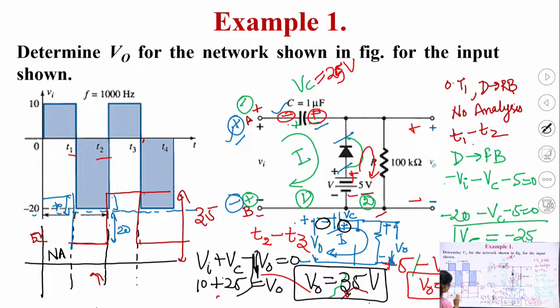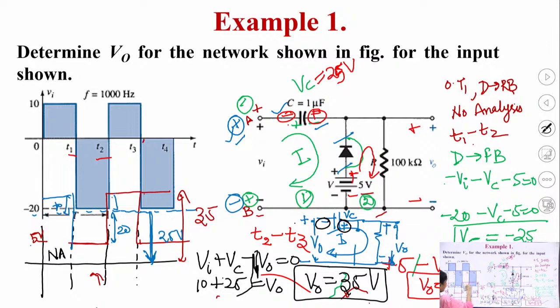So, see how much we have shifted our DC level, if this is 35 volts. How much have we shifted our DC level? It is 20 and 5, so 25 volt, and it is shifted downward because Vc is minus 25 volt.